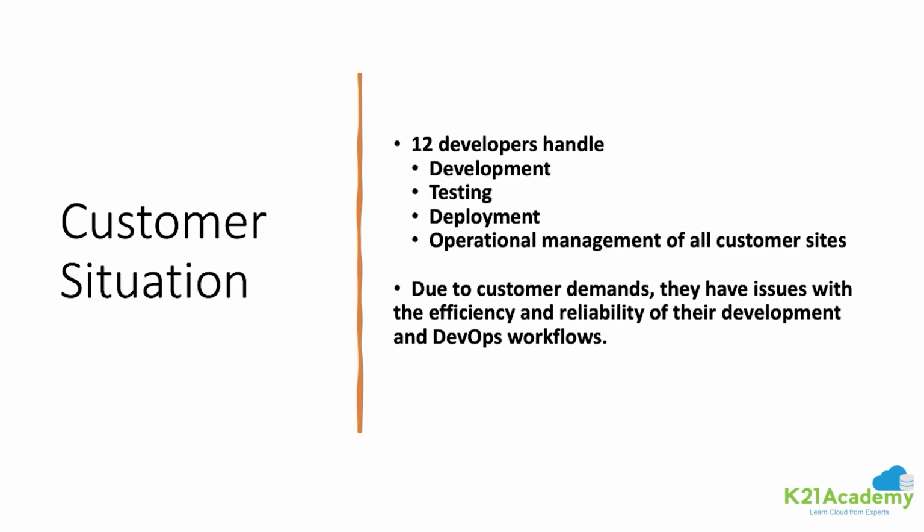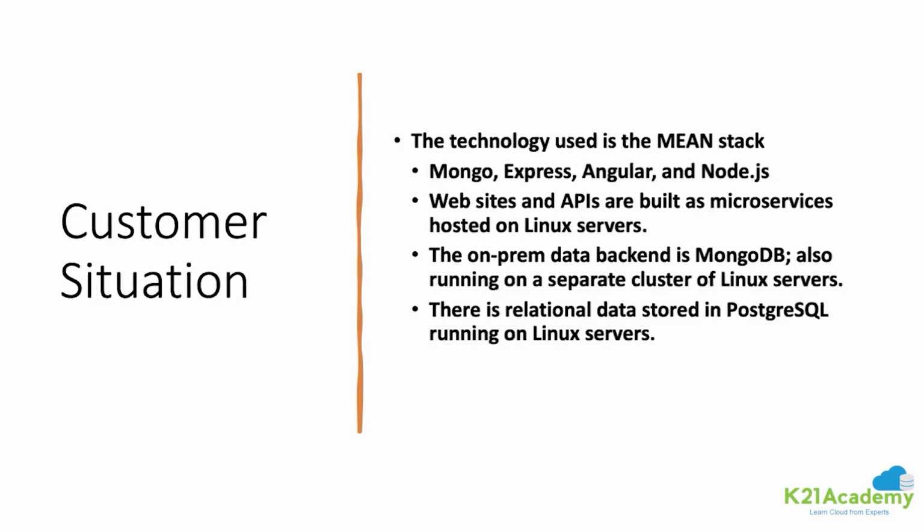Due to customer demands, they have issues with the efficiency and reliability of the development and DevOps workflows. Here, the technology used is the MEAN stack. Nowadays we call it MEAN stack, MERN stack and so on. MEAN stack is Mongo, Express, Angular and Node.js.